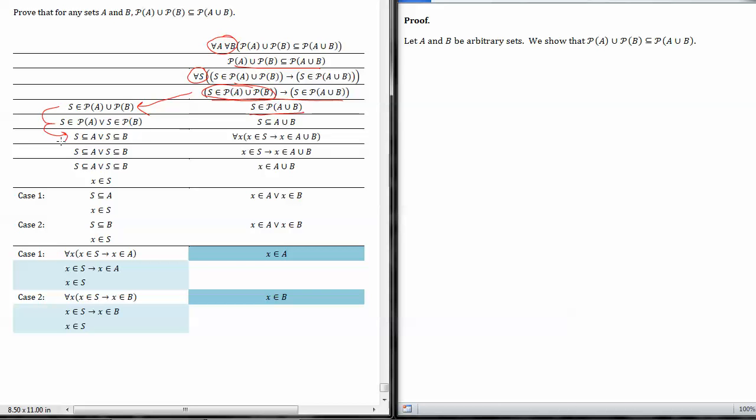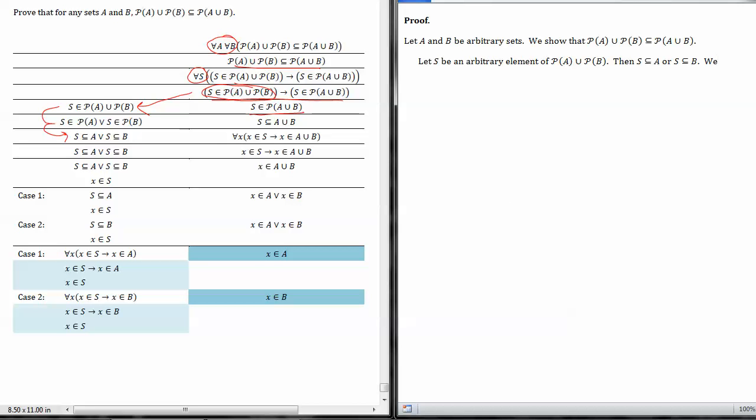Which, after a couple steps, is that either S is a subset of A or S is a subset of B. Okay, so we'll say let S be not completely arbitrary, but an arbitrary element of the power set of A union the power set of B. And what that means is then either S is a subset of A or S is a subset of B, as we mentioned right here. And then our new goal is right there.